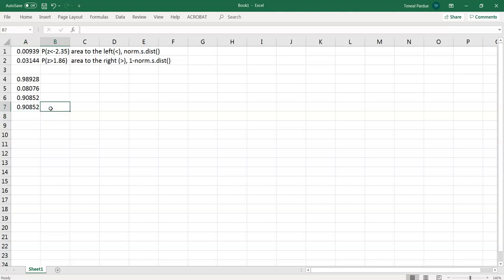And so if you want an area in between, so this was probability negative 1.4 less than z less than 2.3.